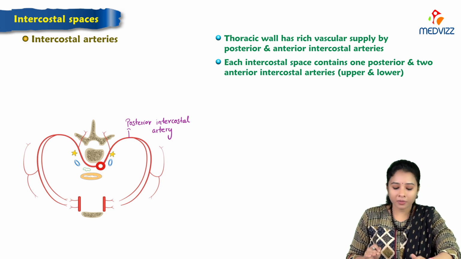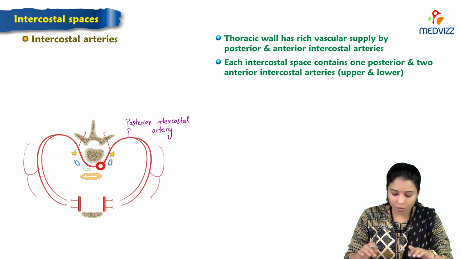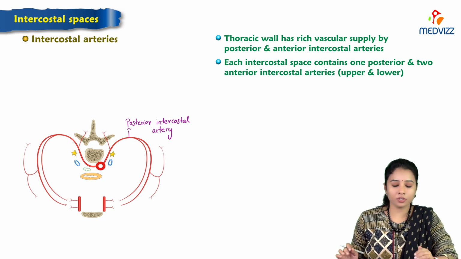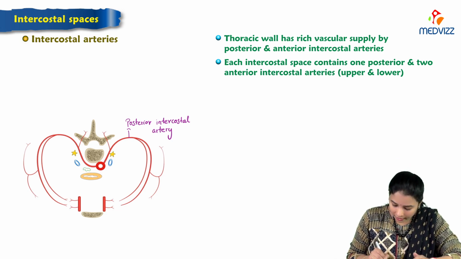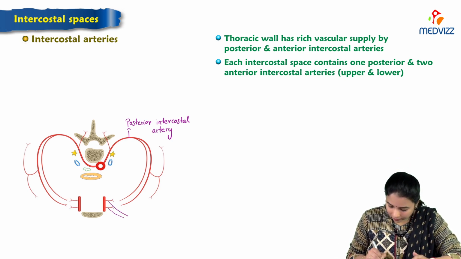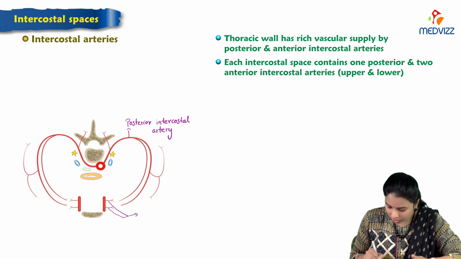So this is an image viewed from above to show both the sides, the courses of intercostal arteries, and anteriorly we have got two intercostal arteries.